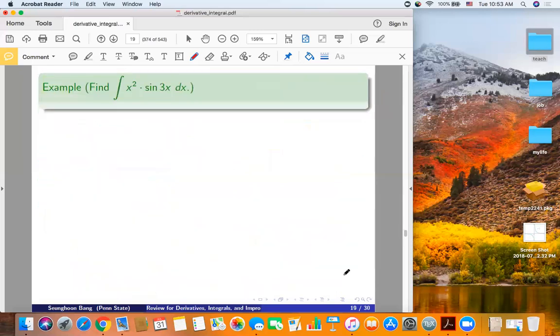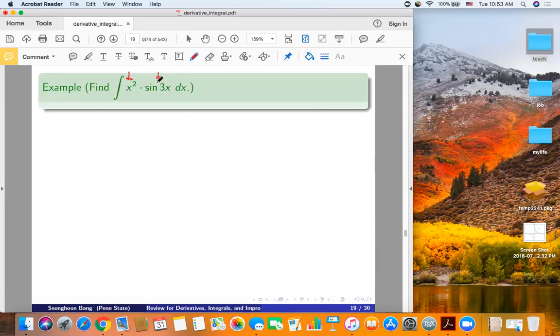The next one: the integral of x squared times sine 3x dx. How can you solve this problem? Which method is possible? Yes, integration by parts. X squared is an algebraic function, and sine 3x is a trigonometric function.